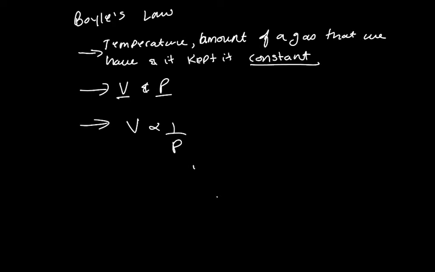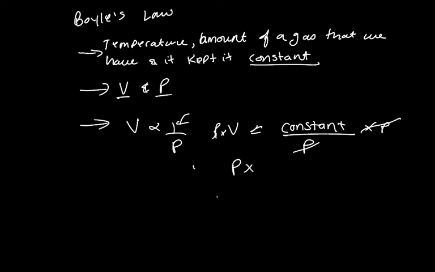So that meant that volume is equal to, and one was always constant here on the top. One never changed, so it was always constant over pressure. So then if we take this and multiply P on both sides, he found that if you take the product of pressure and volume, that will always be constant. So if we have two sets of conditions, let's say P1 and V1, if you multiply P1 and V1, that will be constant.